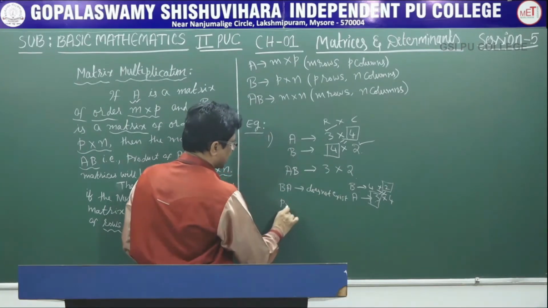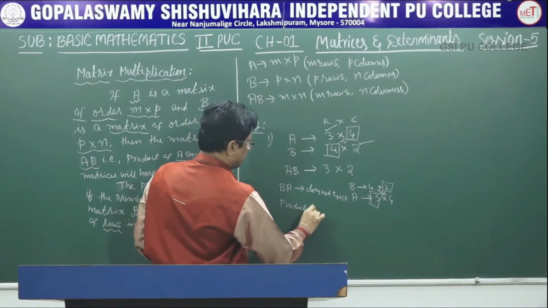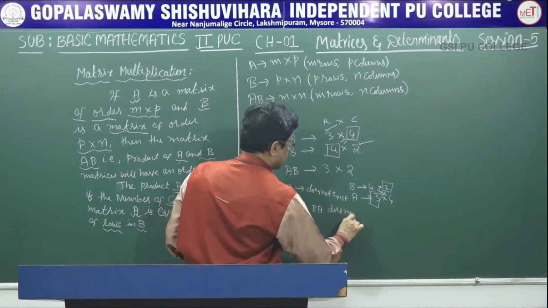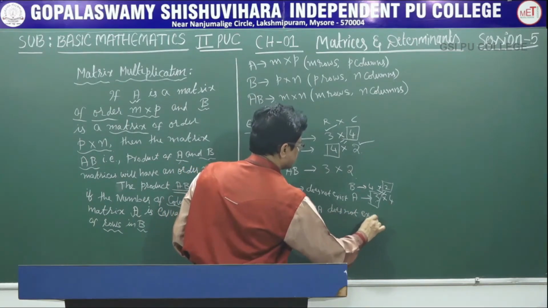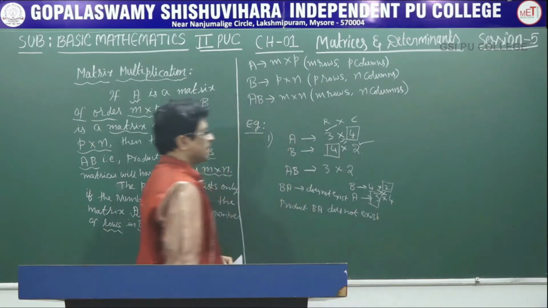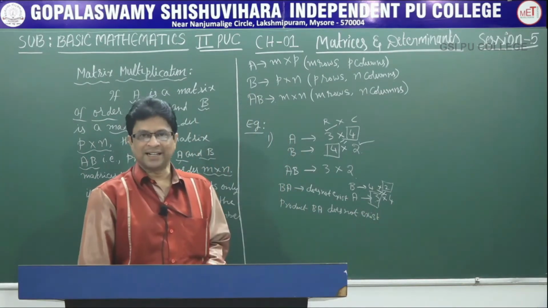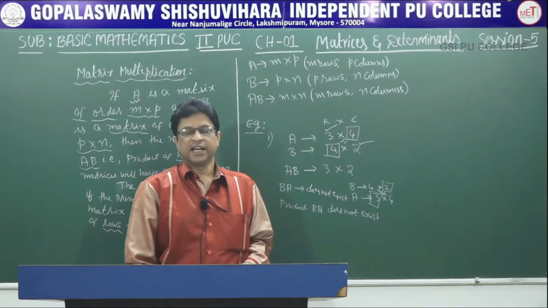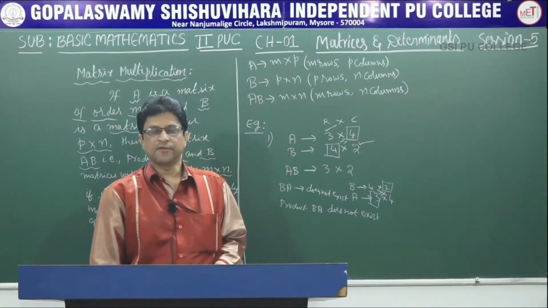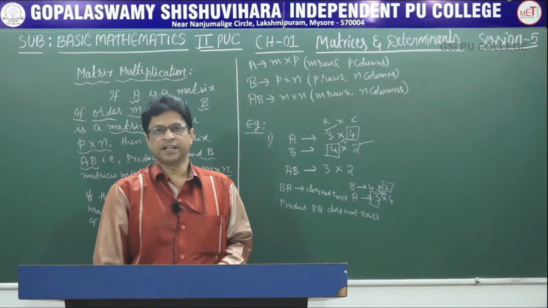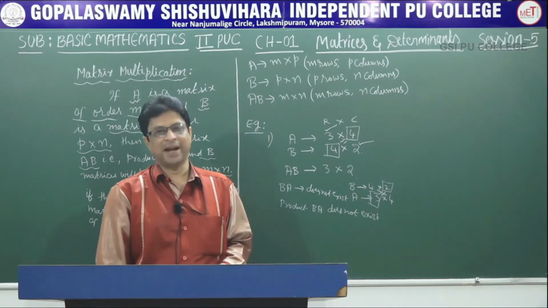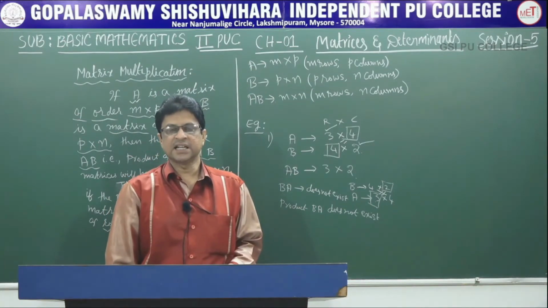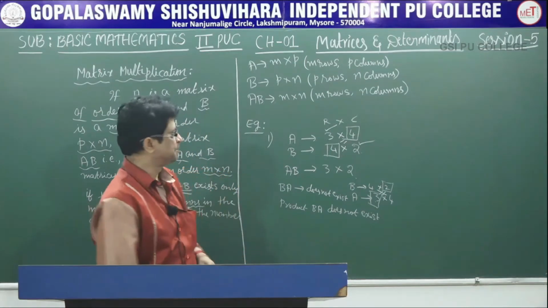So, two matrices can be multiplied if and only if the number of columns in the first matrix is equal to the number of rows in the second matrix. Otherwise, the product of two matrices is not possible.